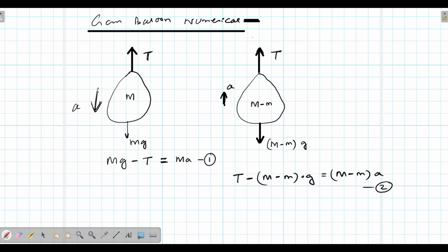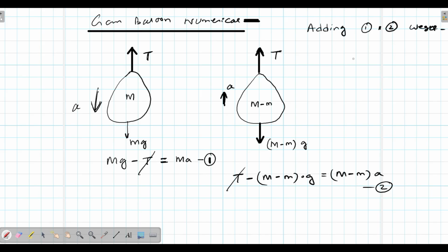So adding 1 and 2, T gets cancelled, and Mg gets cancelled.